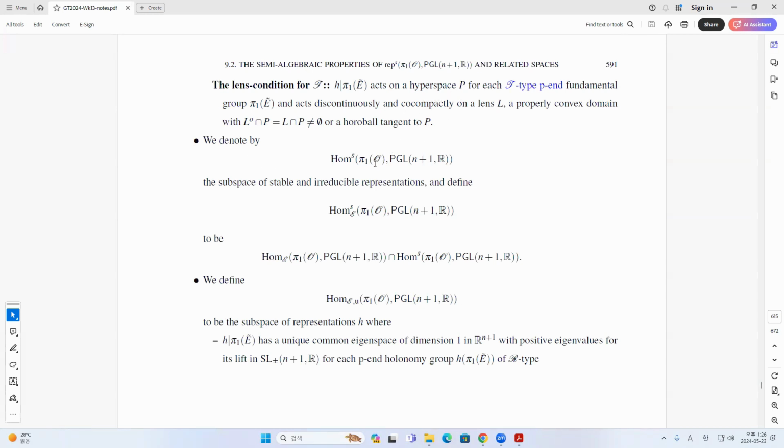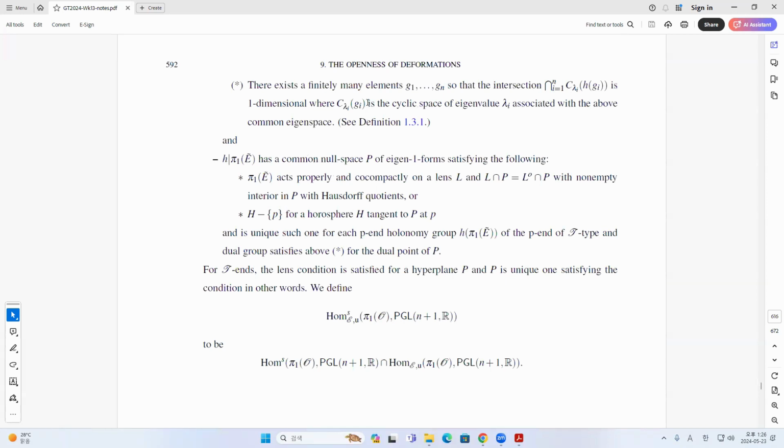We denote by Hom_S the stable and irreducible representations, and Hom_SE the intersection with S. Then Hom_EU will be the subspace of representations h where h restricted to the end has a unique common eigenspace of dimension 1 with positive eigenvalues for the lift, for the R-type ends.